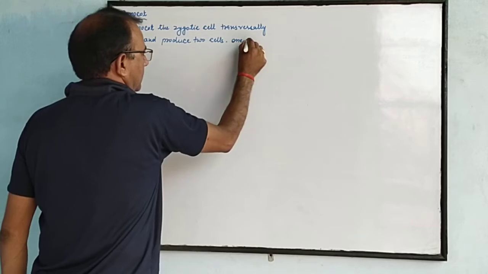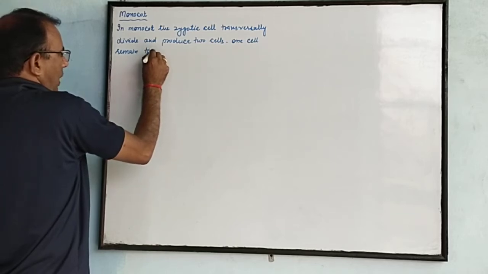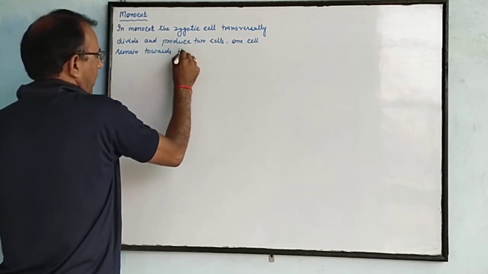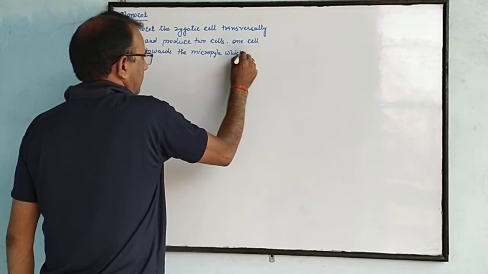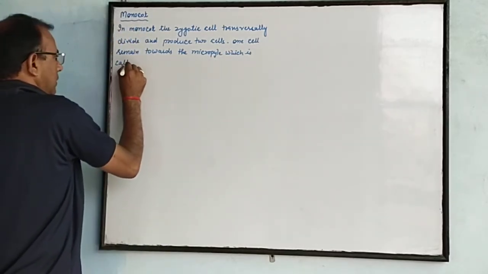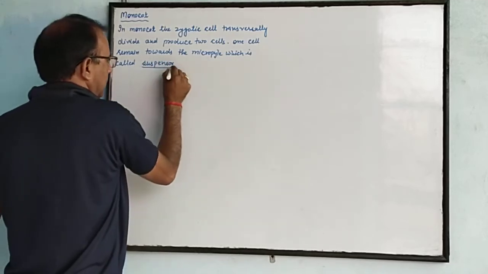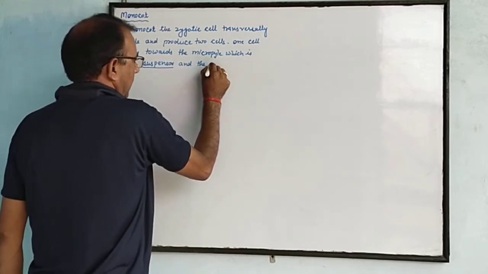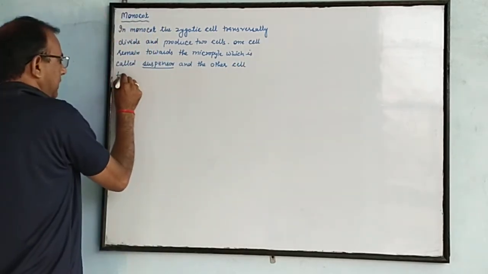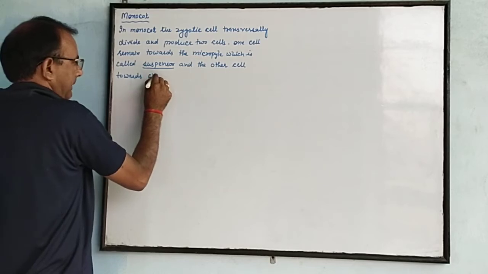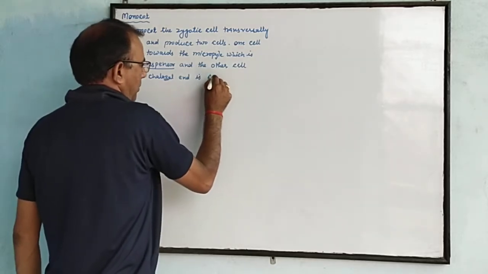One cell remains towards the micropyle, which is called the suspensor, and the other cell, towards the chalazal end, is called the embryonic cell.